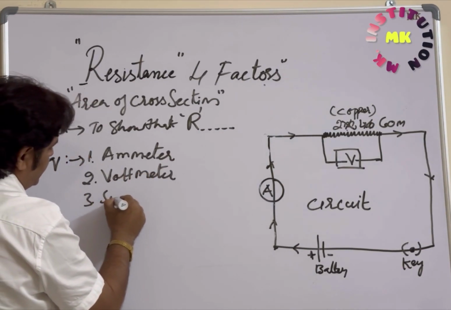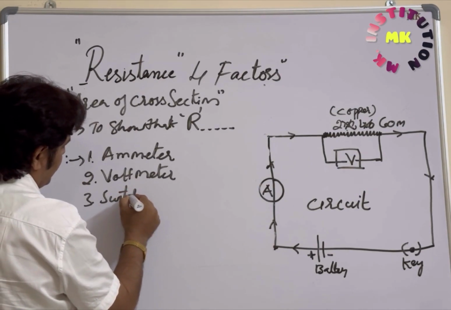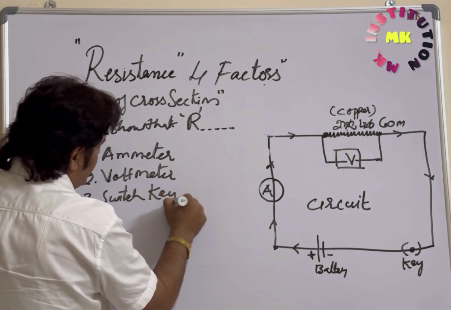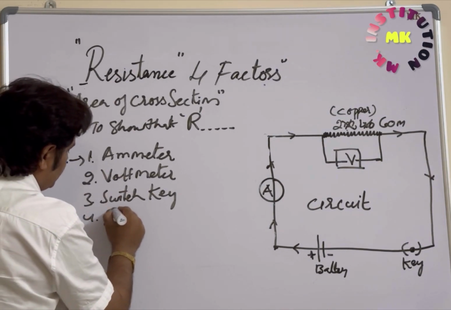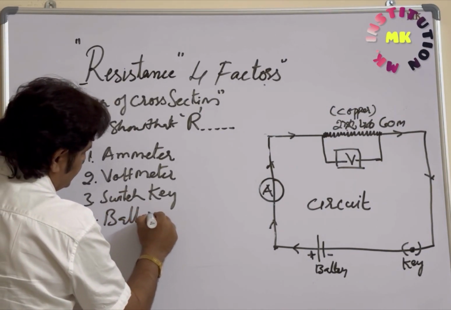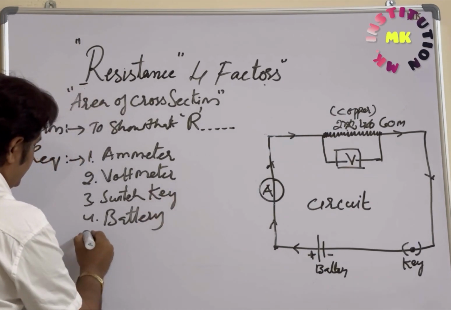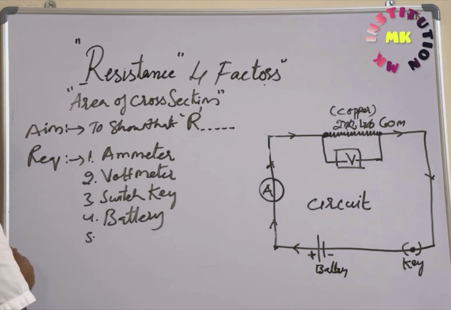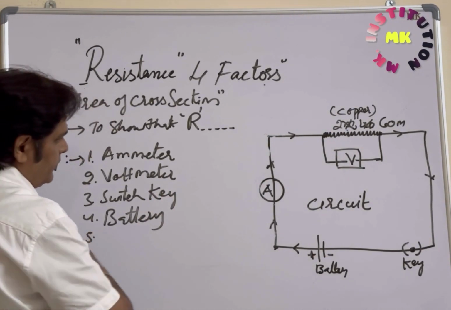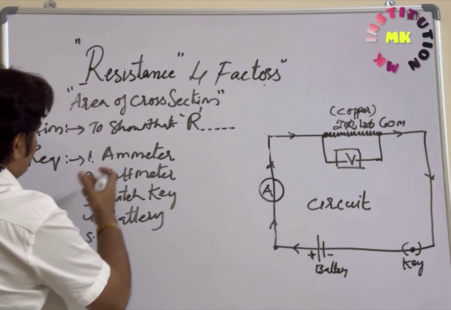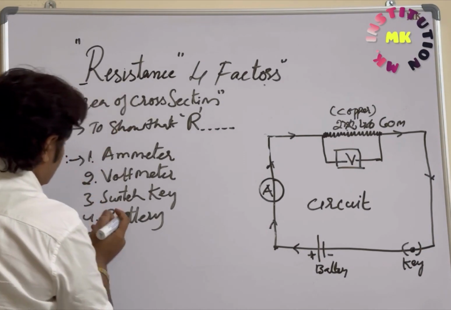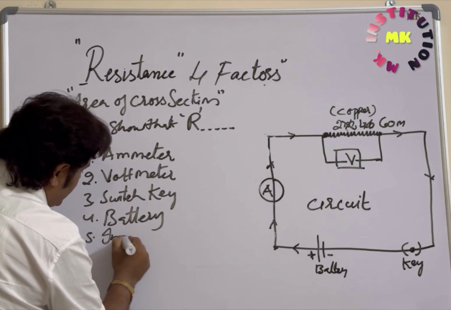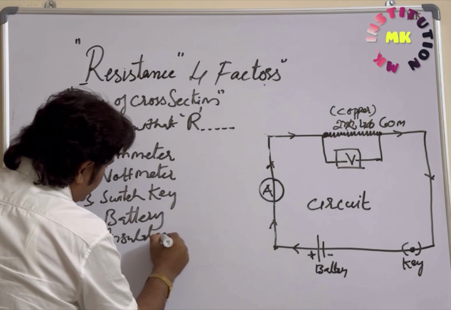Third is the switch key, fourth is a battery, and the fifth one is insulated wire.